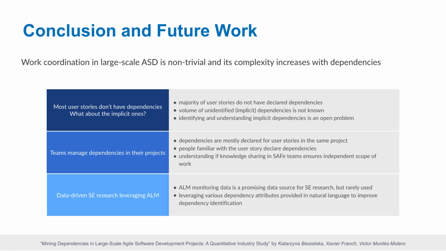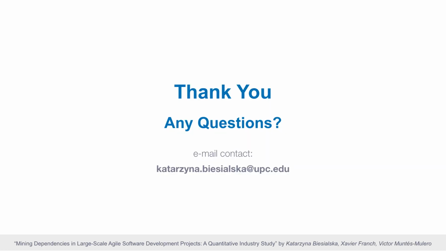The declaration of dependencies is frequently made by people familiar with user stories and within the same project. Hence, it is very much needed to understand the knowledge sharing practices within SAFe teams, to understand if they ensure the scope of work is independent. And lastly, our study shows that ALM monitoring data turns out to be a promising data source.